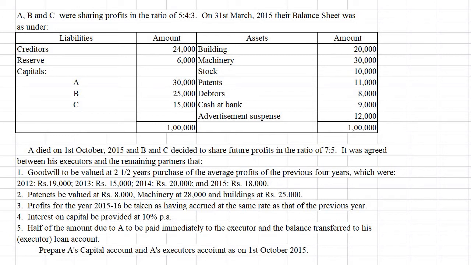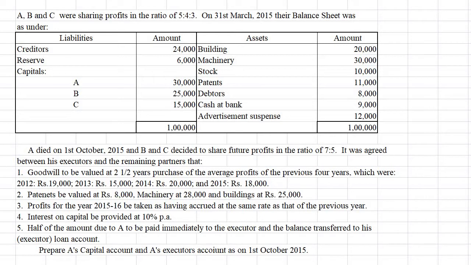So here the adjustments are given. Goodwill will be valued at 2.5 years purchase of the average profit of the previous 4 years. Previous 4 years profits are given. Then patents be valued at rupees 8,000, machinery valued at rupees 28,000 and building at rupees 25,000.